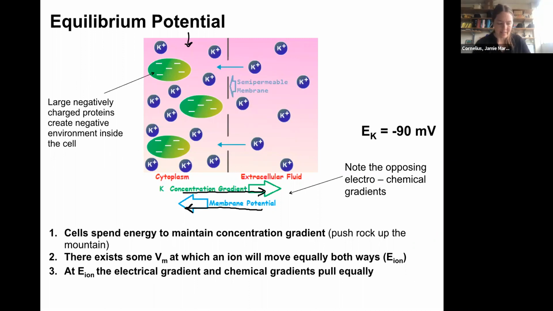So if you make the inside of the cell 90 millivolts less than the outside of the cell, you have a strong enough electrical attraction to pull potassium opposite of its concentration gradient at the same rate. So you'll get the same amount of movement coming in down the electrical gradient as you have going out down the concentration gradient. Okay, so that's the equilibrium potential for potassium.